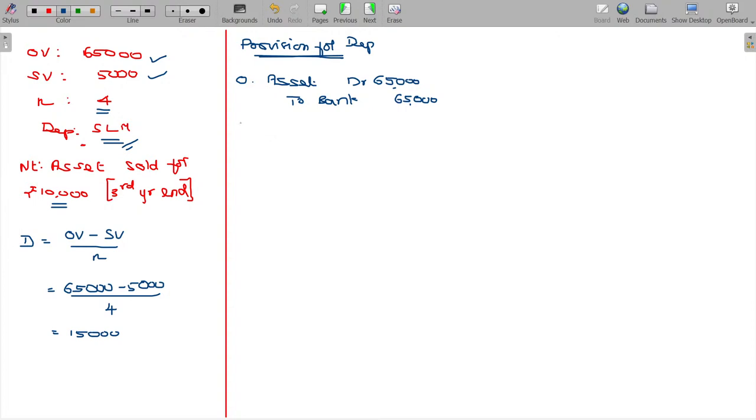By the year end, we are depreciating. Depreciation is a loss or expense, debiting. Depreciation account debit. Usually you would credit the asset, but you are not going to credit the asset because it is going to be routed through provision for depreciation. So to provision for depreciation.